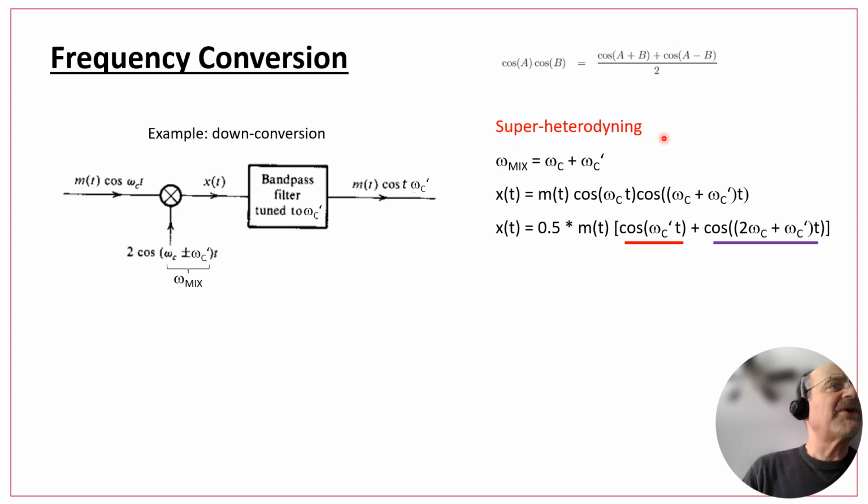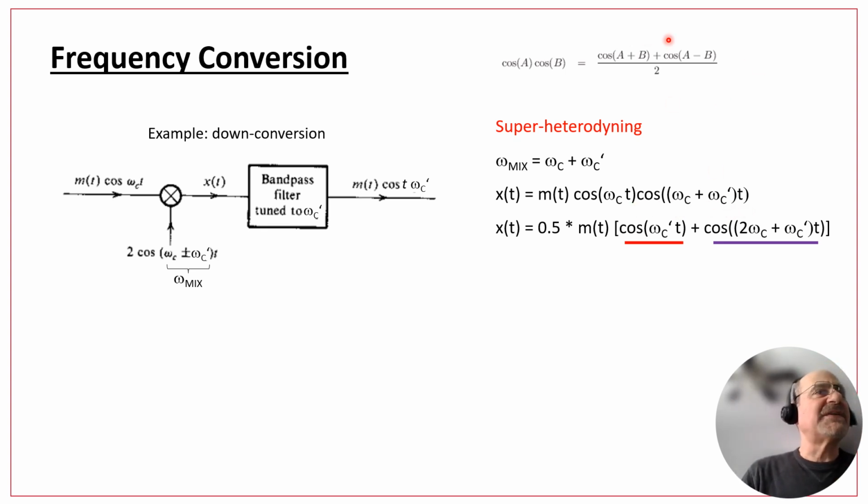In the case of super heterodyning, the mixer frequency is omega c plus omega c prime. Therefore we can write the signal x of t as m of t multiplied by cosine omega c t, which is the input signal, and then multiplied by cosine of omega c plus omega c prime, times t.